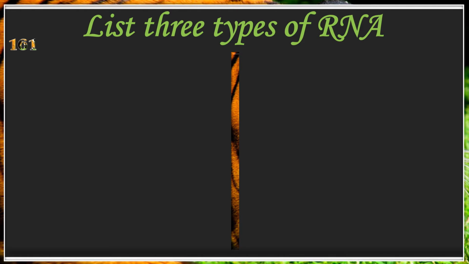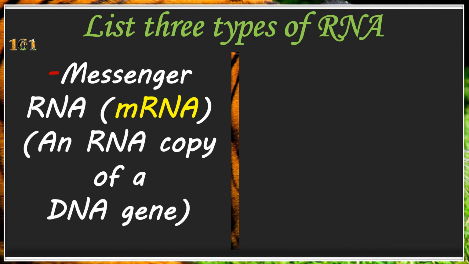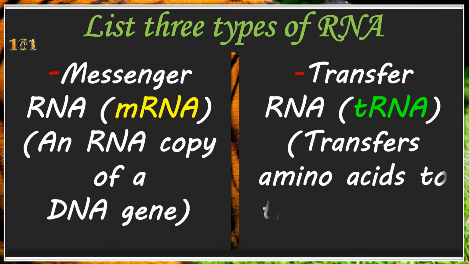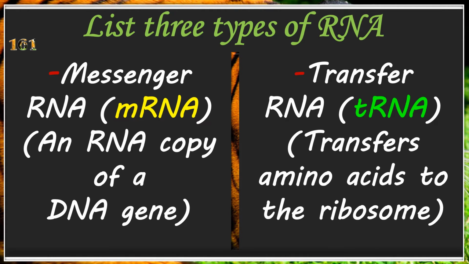List 3 types of RNA. We have messenger RNA or mRNA, an RNA copy of a DNA gene. Secondly, we have the transfer RNA, tRNA.